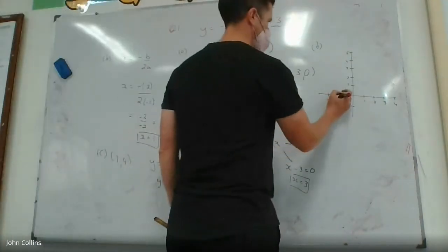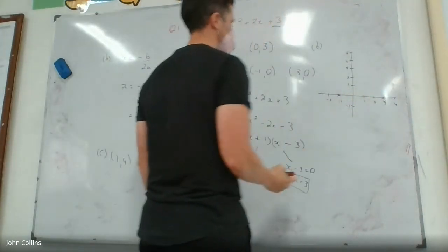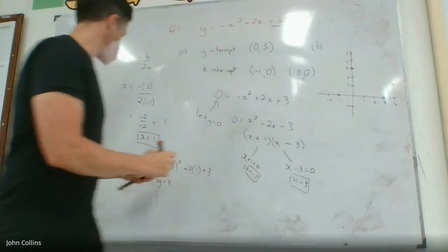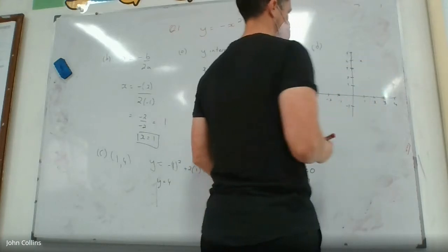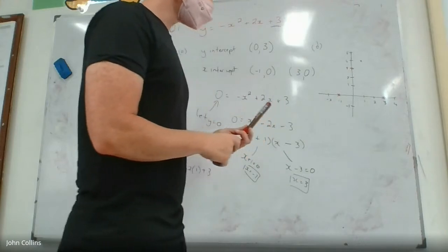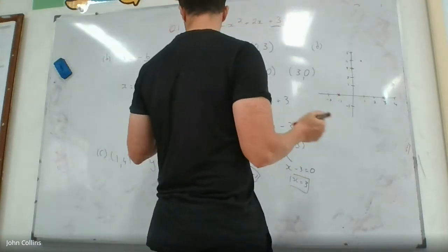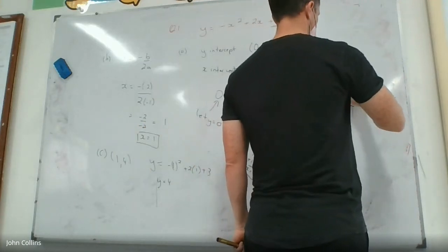-1, 0, that's a point. 3, 0, that's a point. 0, 3, that's a point. 1, 4, that's a point. Showing all important features. I need to have my axis of symmetry as well, x equals 1, but I'll actually just draw my curve first and then I'll put that in.